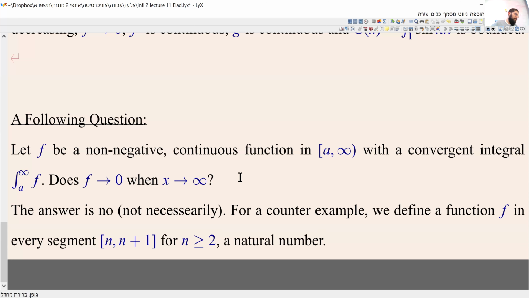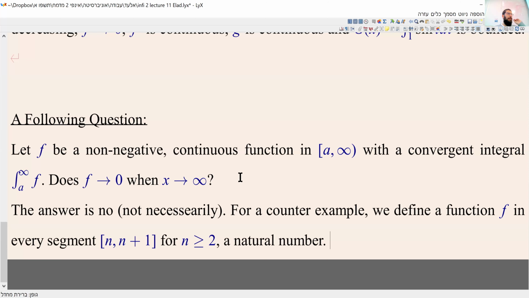The function is defined on every segment from 2 to 3, from 3 to 4, from 4 to 5, so it's defined on the whole segment from 2 to infinity. I want to start it from 2. And how do I do it?